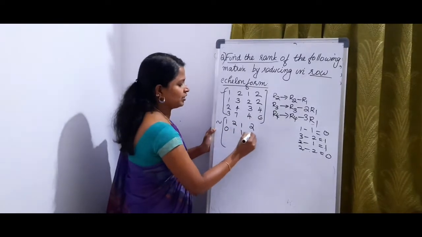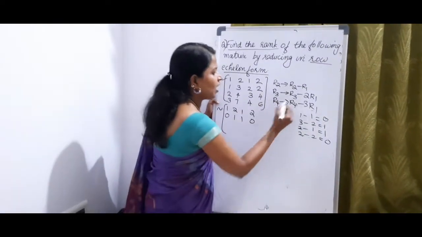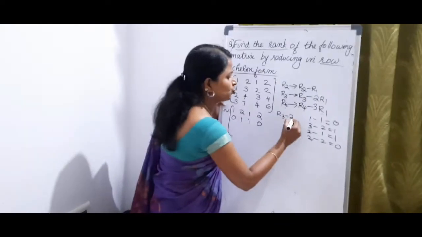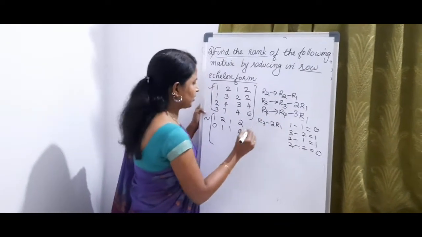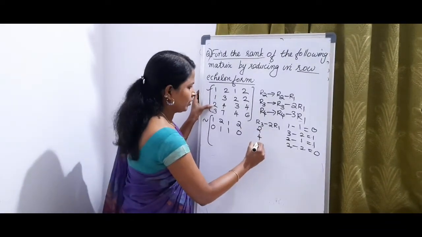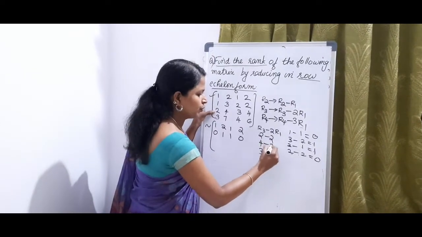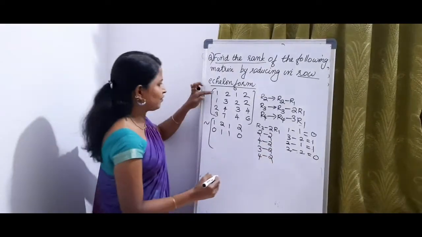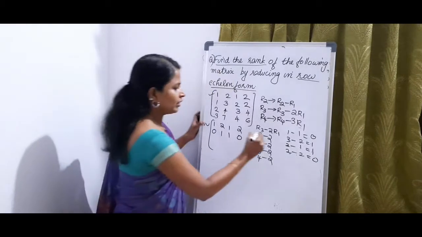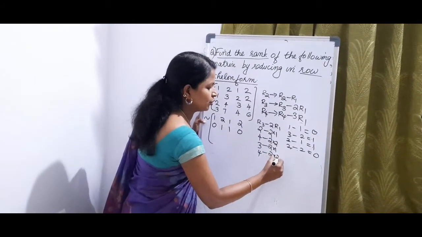That is 0, 1, 1, 0. Then the next transformation is R3 minus 2 R1. Here R3 is 2, 4, 3, 4 minus 2 R1, where R1 is 1, 2, 1, 2.